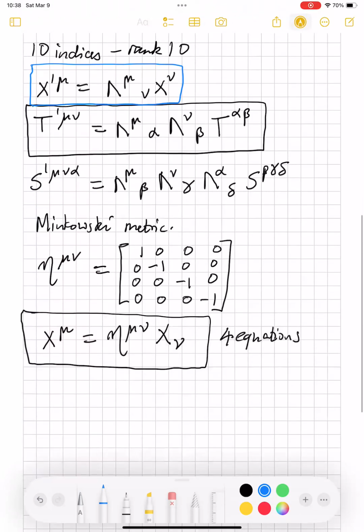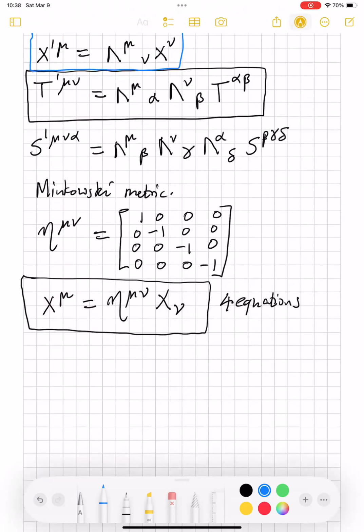Okay, so that's just the reason why I said I don't really like to talk about the Minkowski metric as a matrix. It's because it acts on a covariant vector and it produces a contravariant vector. Good. Please check that this last boxed equation, boxed in black, the last one on the slide, is a correct equation.